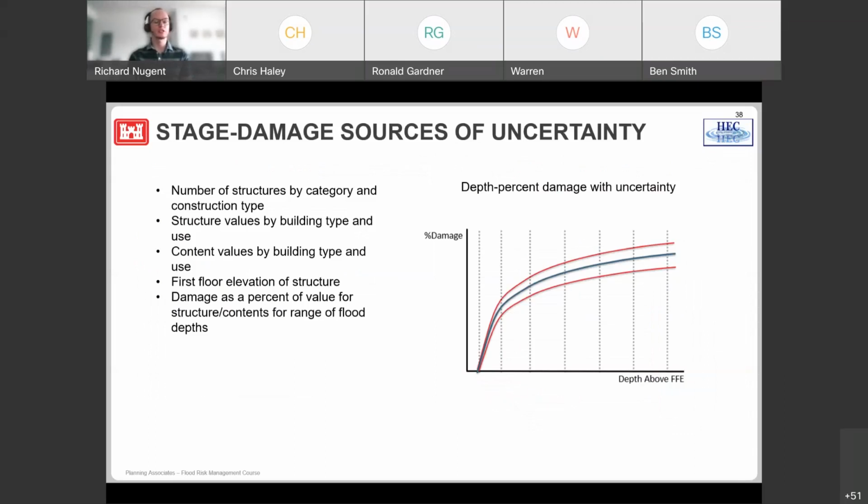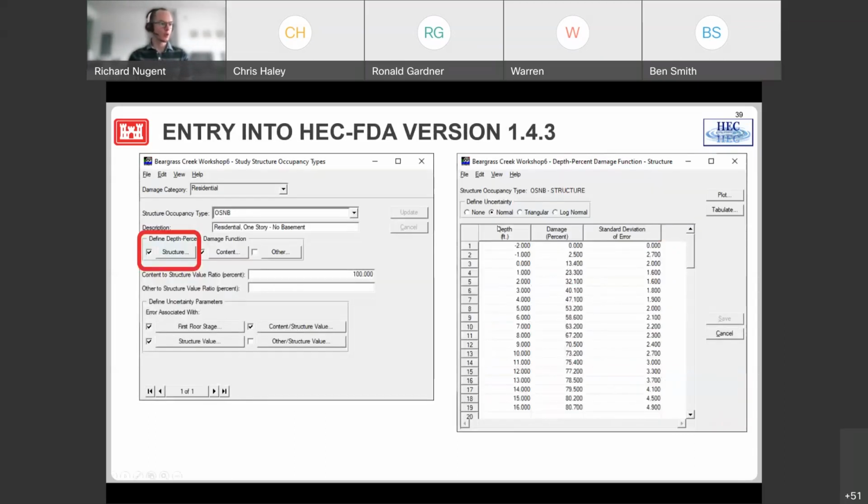We need to get that relationship with uncertainty into HEC-FDA so that we know what is the percent damage for a given depth of flooding above the first floor, and what is the uncertainty in that damage. So we have depth percent damage functions for structure and for content.